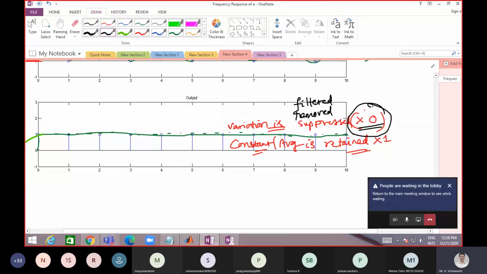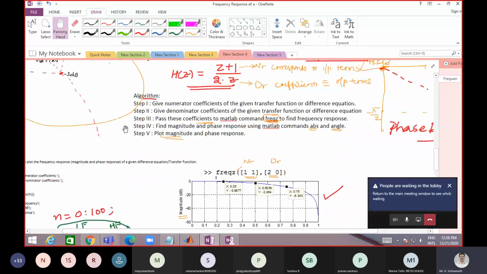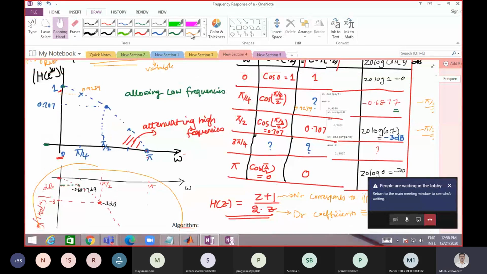So where did we get this number from? This number is from our theory. So by what factor will the DC signal be removed or passed? The DC signal here is allowed or passed by a factor of 1. That is the multiplication factor.